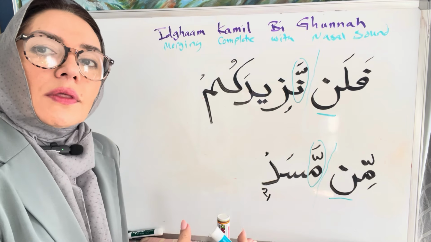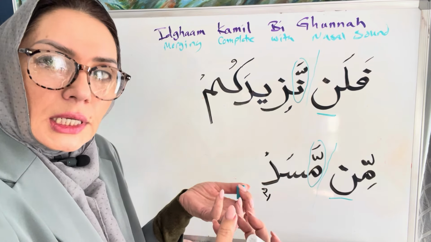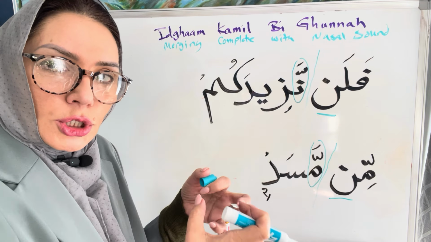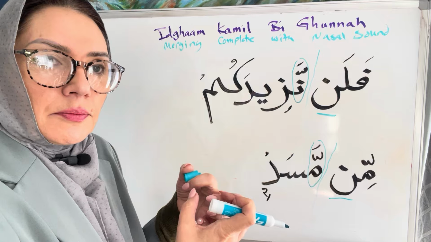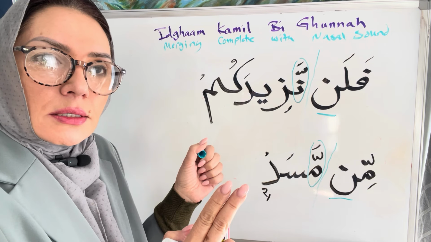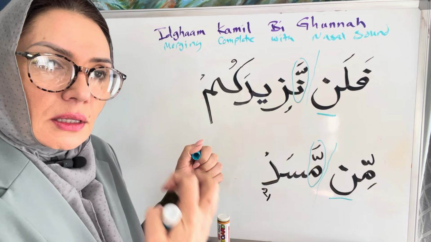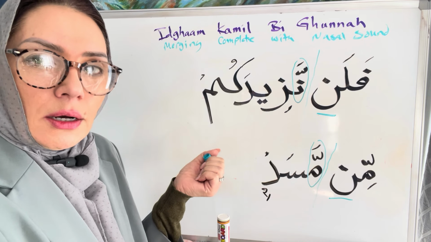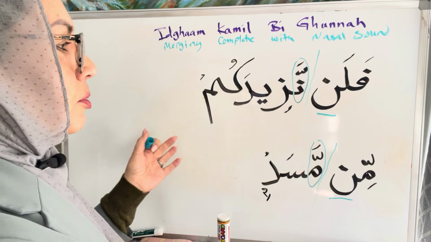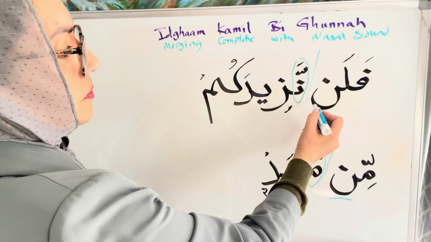This is the area where we have a complete merging, meaning everything gets merged completely, mixed completely. By holding it for 2 beats or 2 counts, we have bi ghunna, meaning that the nasal sound will come out.